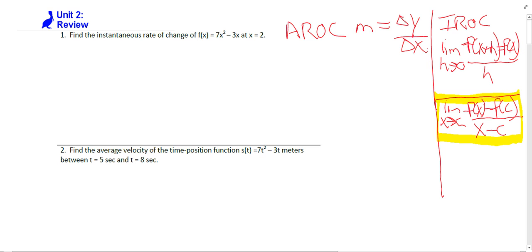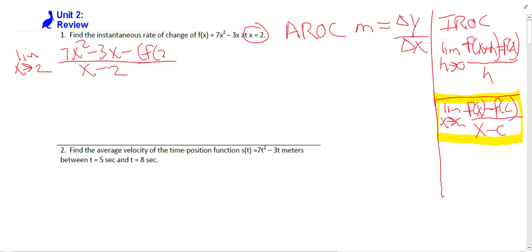So we're looking at the derivative of this curve at x equals 2. So we'll start off with the limit as x approaches 2, x minus 2 on the bottom, and f of x minus the function value at 2.